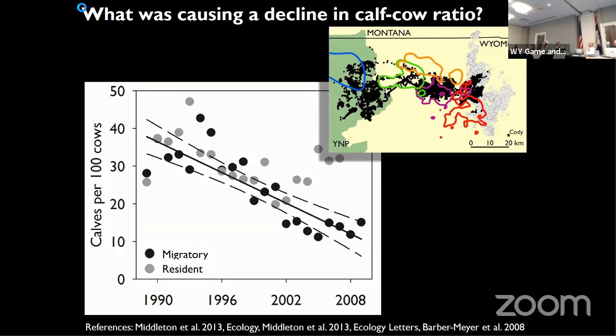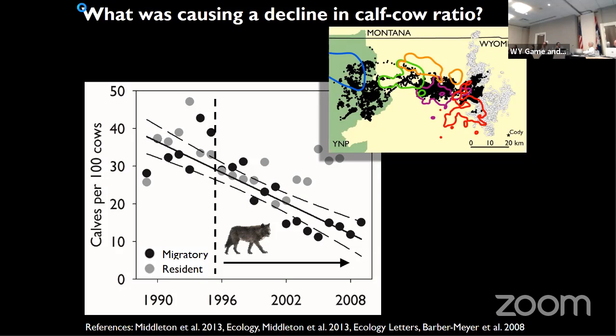And of course, as many people will immediately know, this decline coincides pretty roughly with the introduction of wolves into the system. And so outwardly, it's very intuitive that wolves are having a lot to do with the decline of calves in this herd.